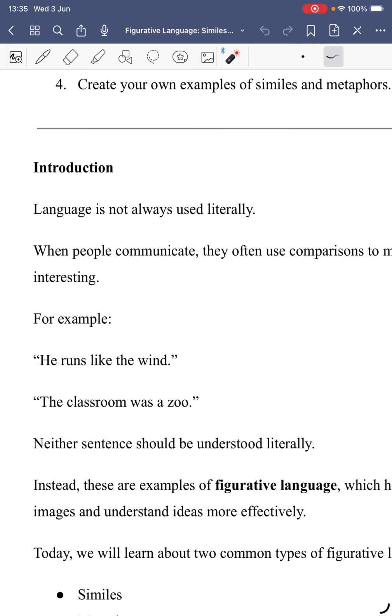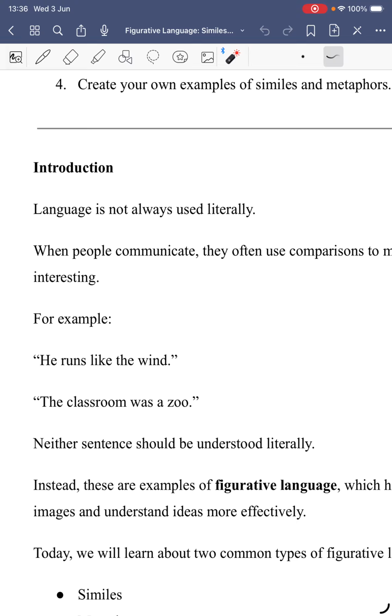For example, we have two sentences below. He runs like the wind. A person can't be a wind, right? It only means that the person runs very fast. In the second one, the classroom was a zoo. A classroom is never a zoo.